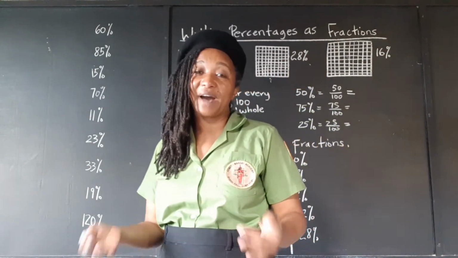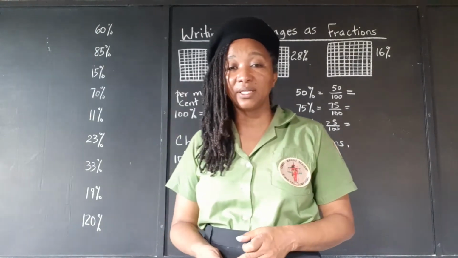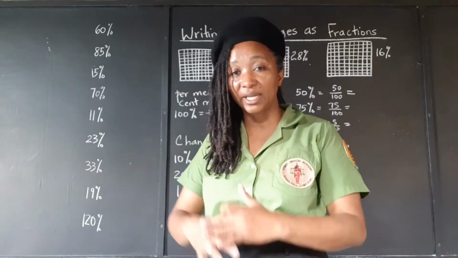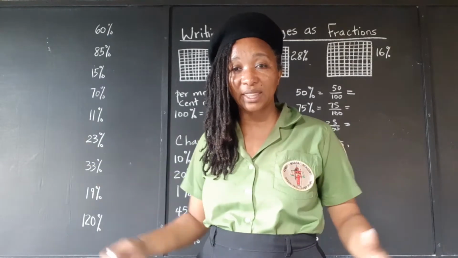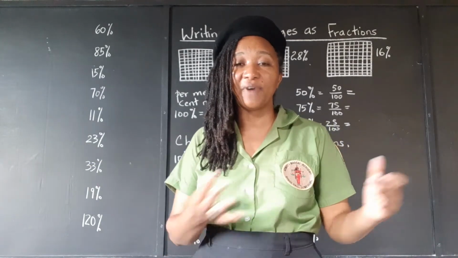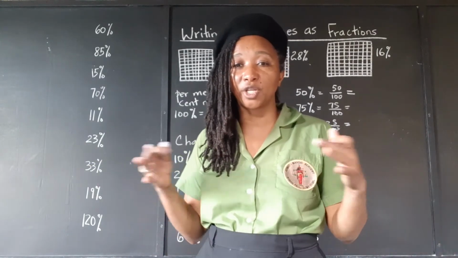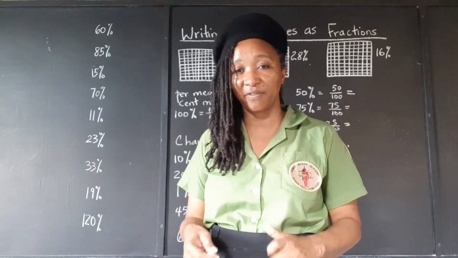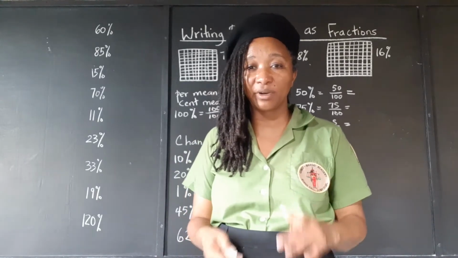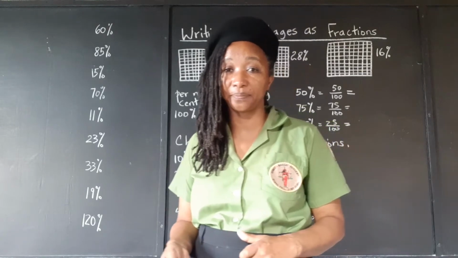So if we say 5%, that means out of these 100 things, we're going to remove 5, or we're talking about 5 of them. We're singling out this 5 for whatever reason.